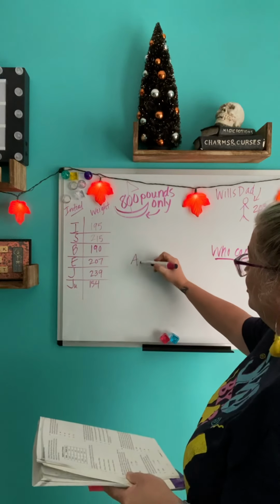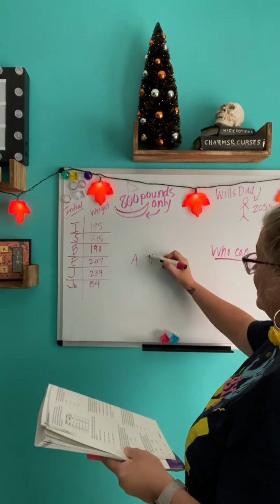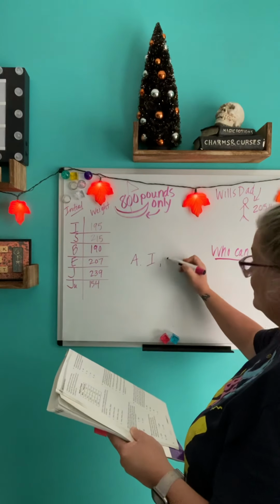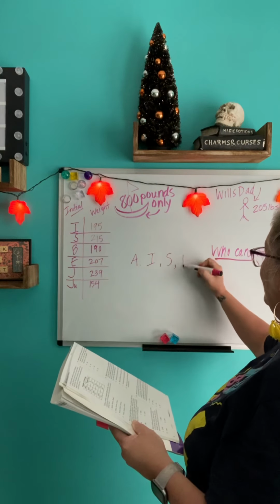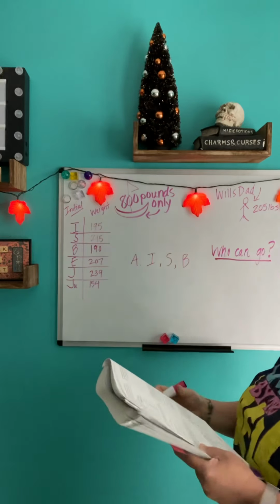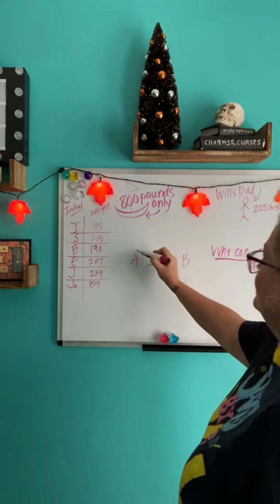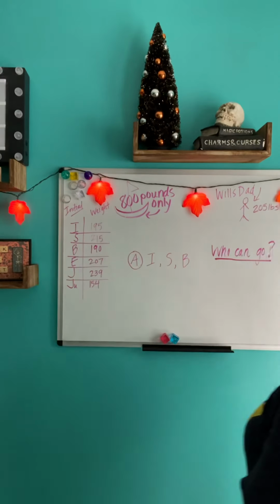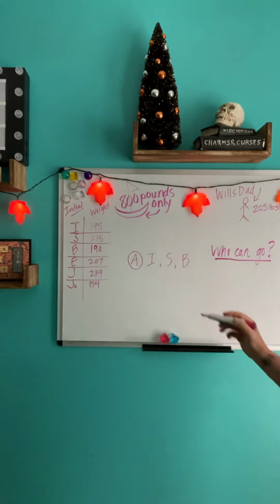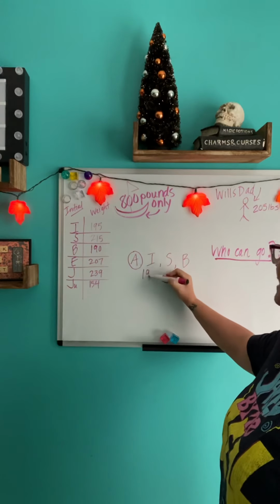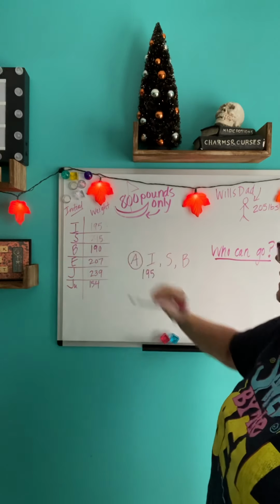Because it's multiple choice, I know to see about Isaiah, Steve, and Brad. Now, in the answer, it has their full name, but I used initials. So, let's see if A is even a possibility. That would be 195, Isaiah.